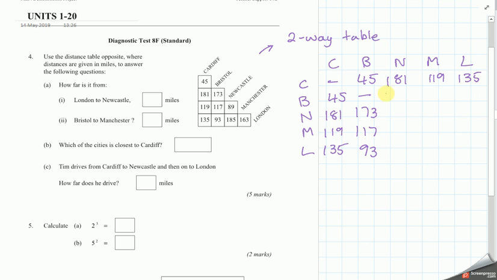And the same thing, it goes across as well because there's no significant difference between the two. 173, 117 and 93.